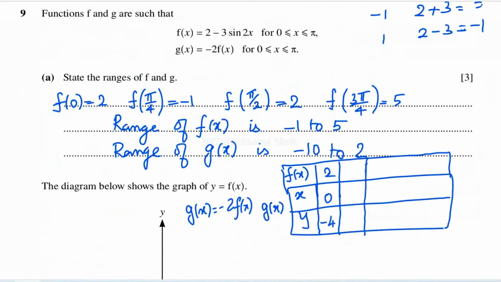So when x is pi over 4, f of x is -1, so y will be -2 multiplied by -1, that is 2. When x equal to pi over 2, f of x is 2, so g of x will be -4.